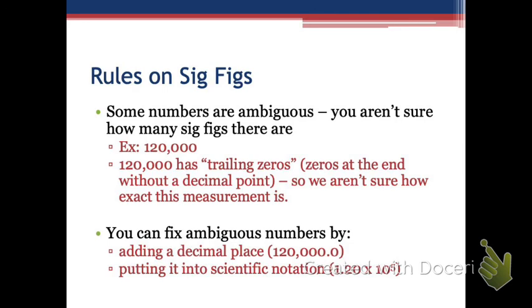But the second way, and the more common way that we fix ambiguous numbers, is by putting it into scientific notation. That's the most common way we fix an ambiguous number. Because we're going to go through some rules with math here in a little while, but we're going to go through how we know how many significant figures our answers can even have. But the most common way for me to fix an ambiguous number is to put it into scientific notation. That's really important.